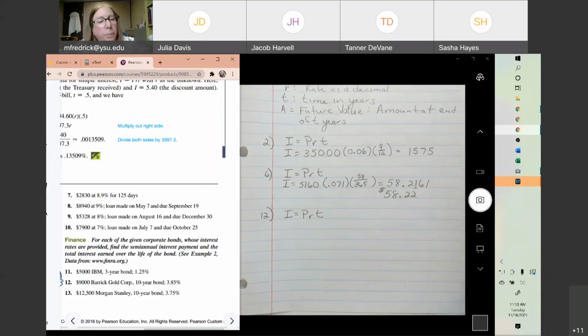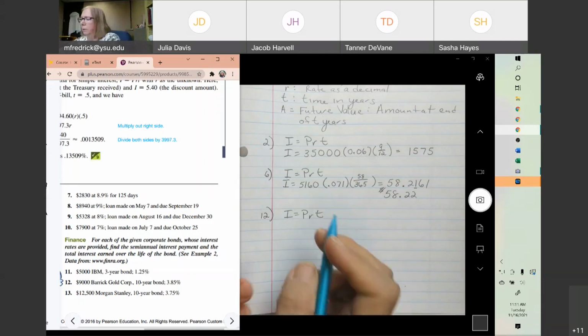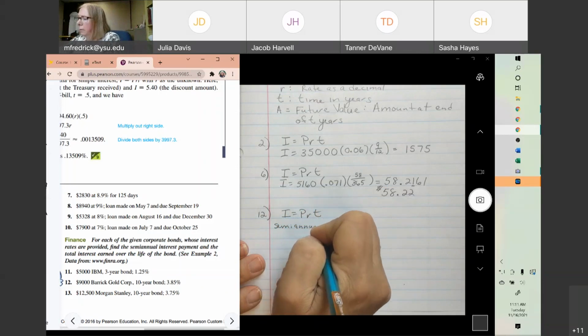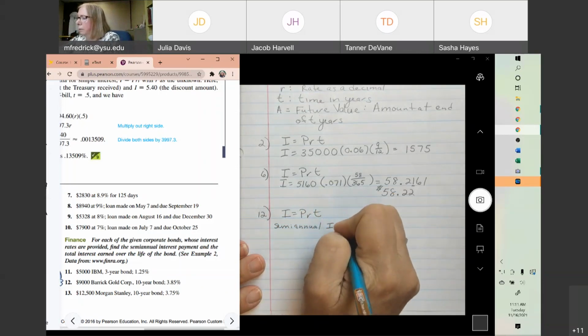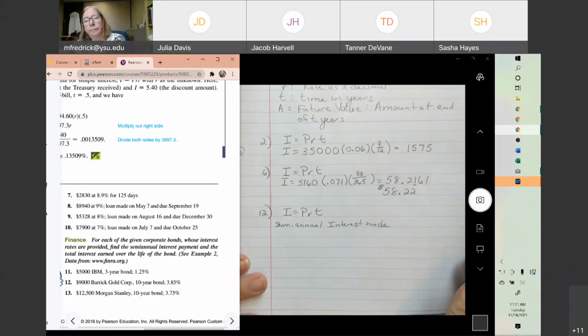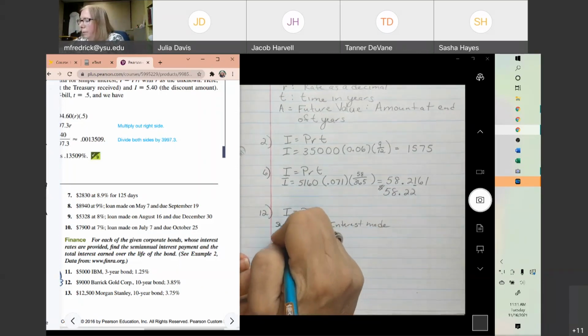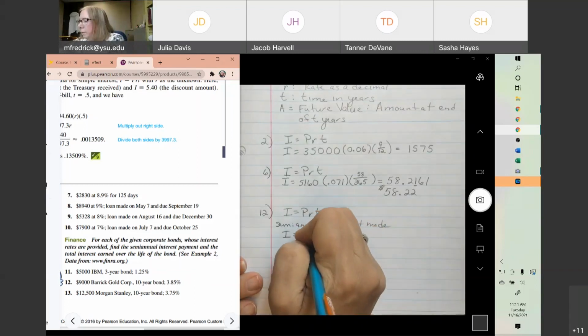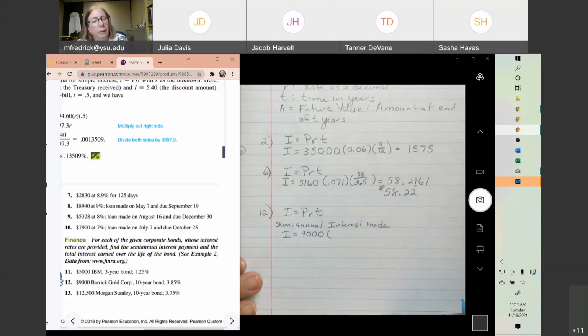Now the first part says find the semi-annual interest payment. What that means is how much interest you make in half of a year. We're looking for the interest. For number 12, we're starting with 9,000. The interest rate is 3.85.